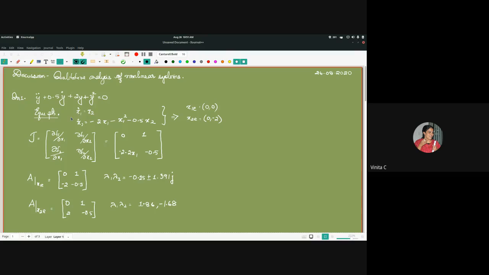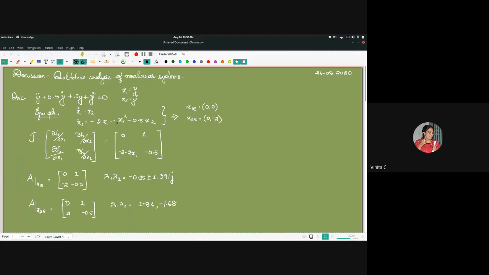Let x1 is equal to y and x2 is equal to y dot, and we get x1 dot is equal to x2, x2 dot is equal to minus 2x1 minus x1 squared minus 0.5 x2. We got the state space representation for this equation.